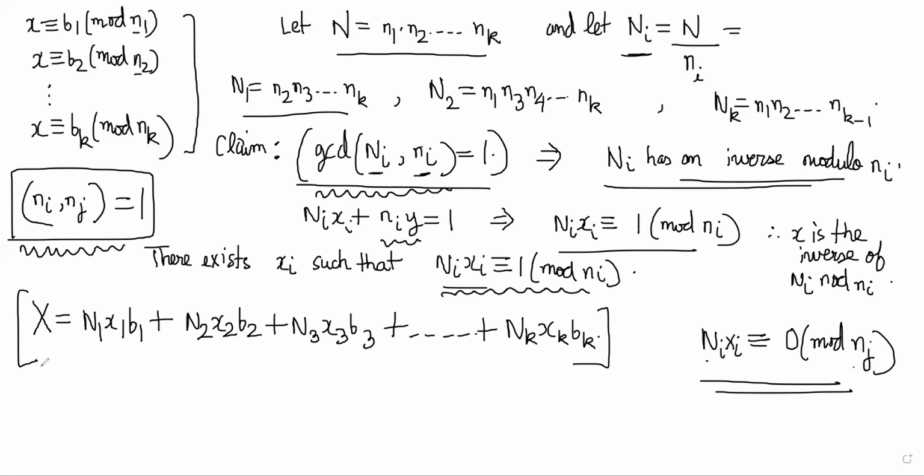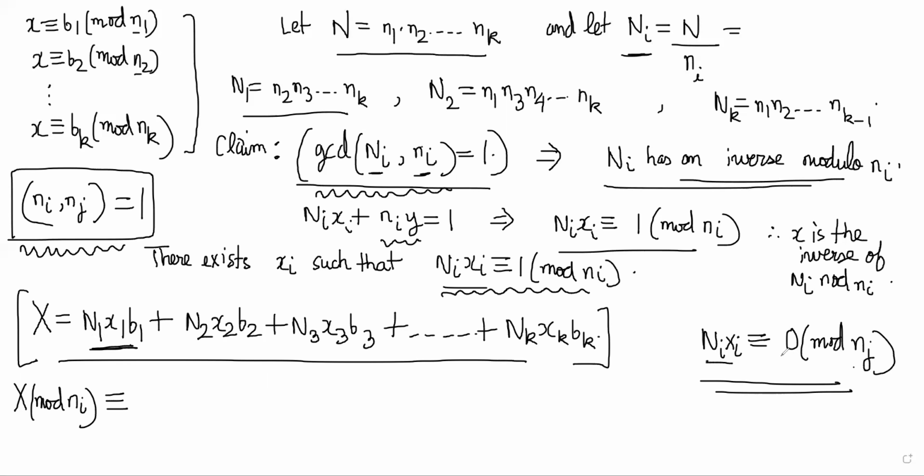Okay. So now if you look at this number, let's look at it mod ni, X mod ni. So what will this be? Suppose j does not match the i. Then Nj xj will be 0 mod ni, plus 0, plus there is one term which will be Ni xi bi, so that's 1 times bi, mod ni, plus everything else is 0.